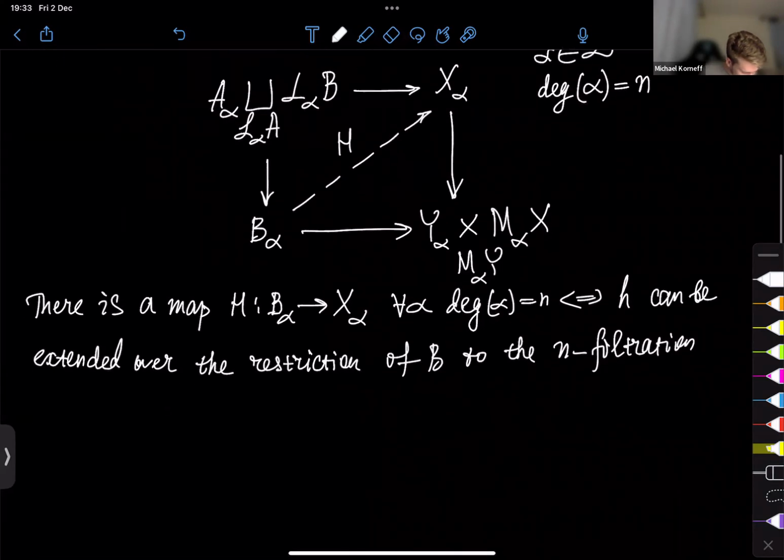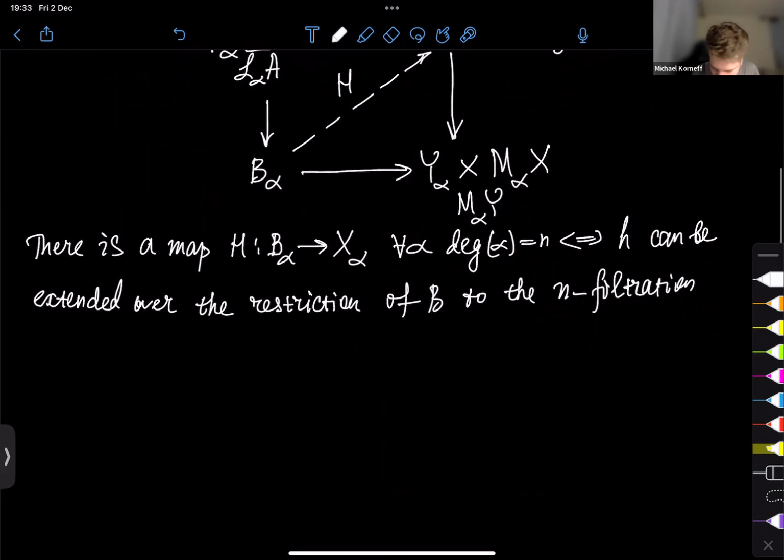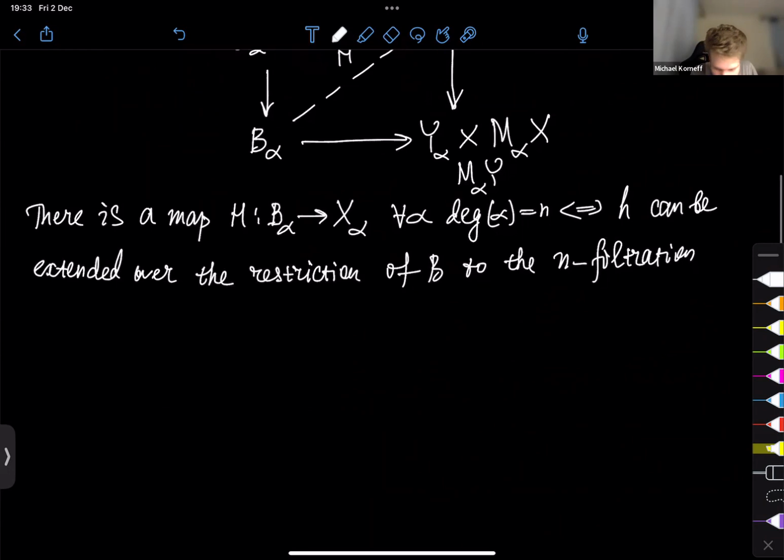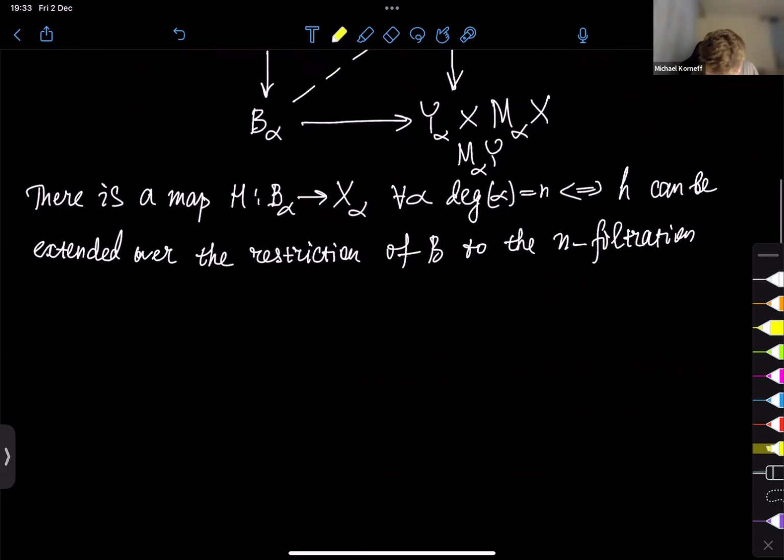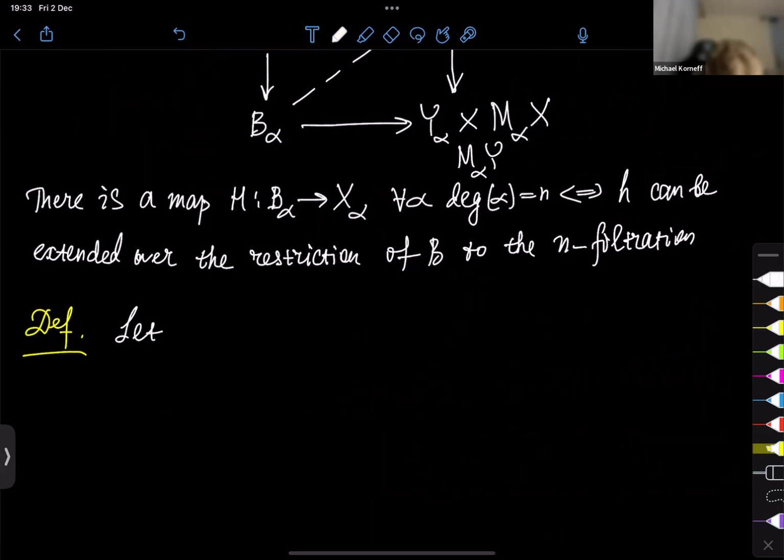I want to recall the definition of the Reedy model structure on the category of D diagrams. Definition: let D be a Reedy category.